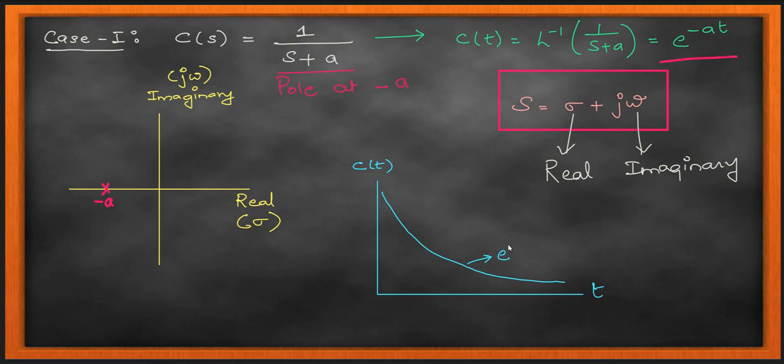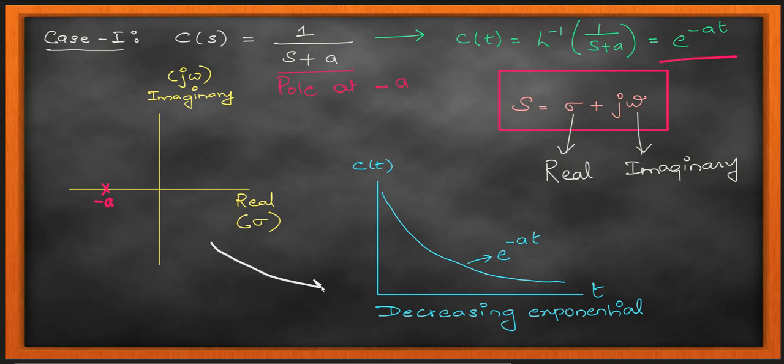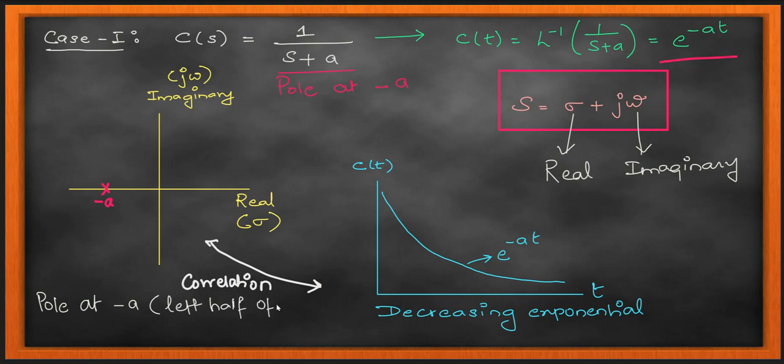And now I'm plotting that e to the power of minus at. So that comes out to be a decreasing exponential. So I'm assuming that a is positive, right? Unless it is given explicitly otherwise, a is by default a positive variable. So e to the power of minus at is a decreasing exponential. And if I see the correlation with my pole plot, the pole is at minus a, which is on the left hand side of my s-plane, right?